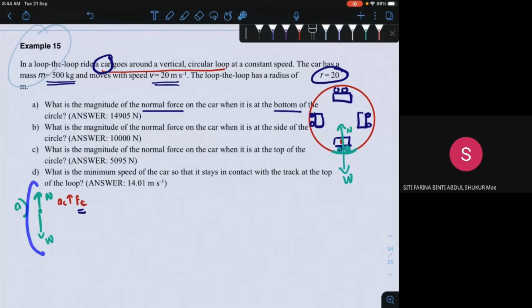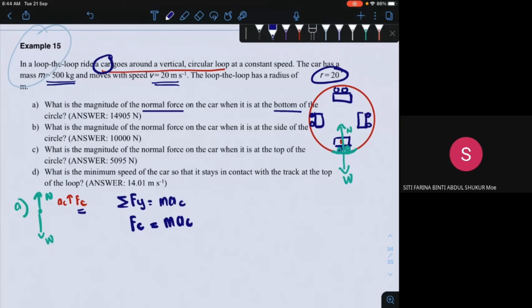These two forces. So summation Fy is equals to MAC. Okay, sebab acceleration kamu along Y component, so summation Fy bukan Fx equals to MAC. So along Y component kita ada centripetal acceleration, centripetal force itu sama dengan MAC.